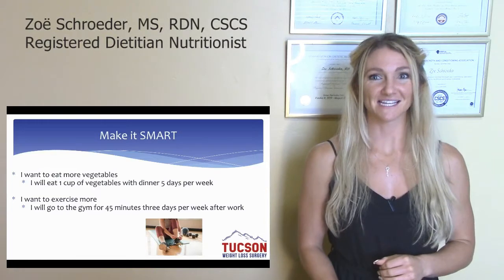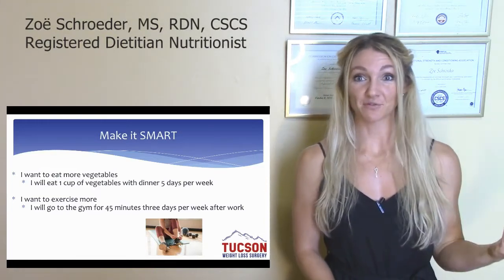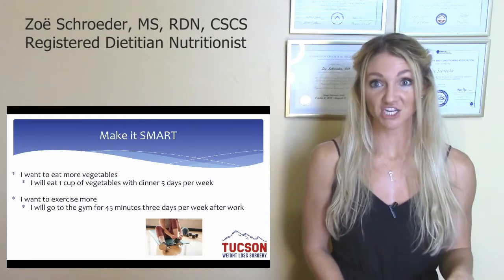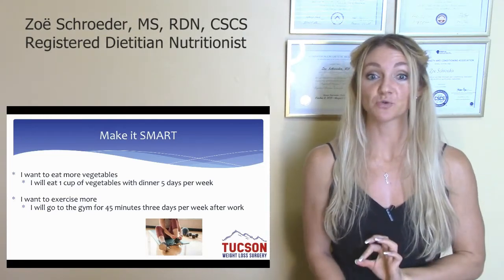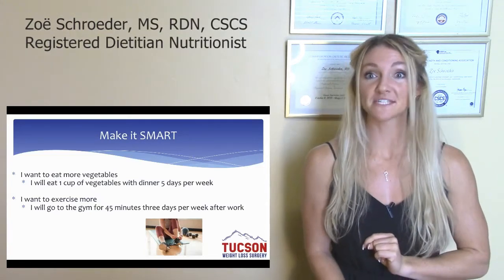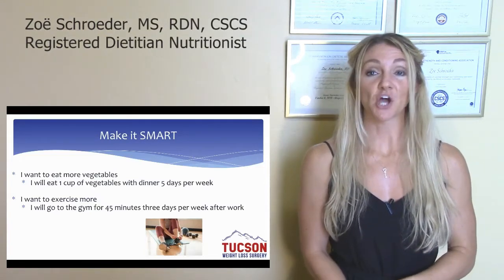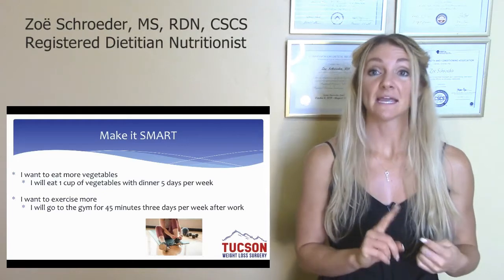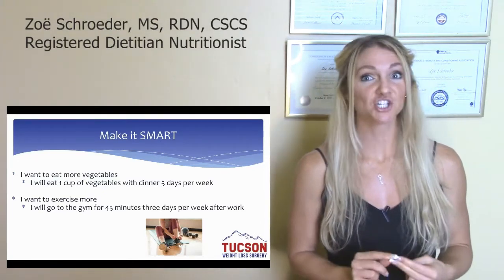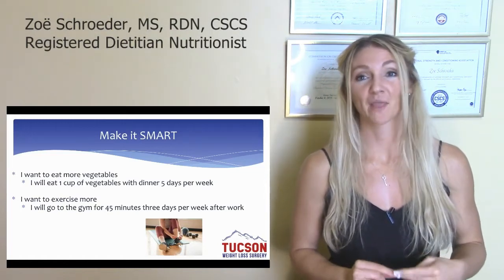So let's take some examples. The example originally, I want to eat more vegetables. You can see we've changed that into I will eat 1 cup of vegetables with dinner 5 days a week. So specific, it tells you what you're going to eat and how much, so that's the measurable part.